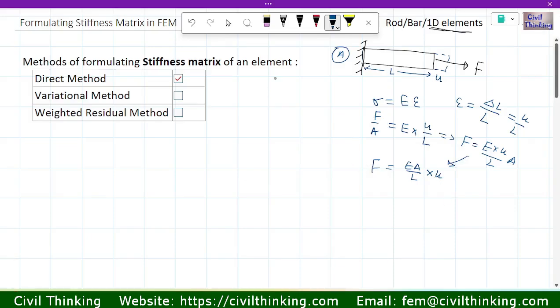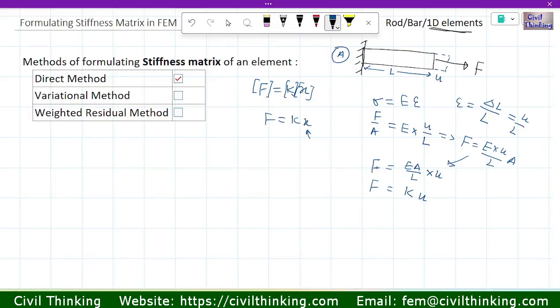Right now remember we have talked about the stiffness equation, right? Earlier we said force is equal to kx. When I write force is kx, x is displacement, but right now I have assumed displacement to be u, so I place u instead of x.